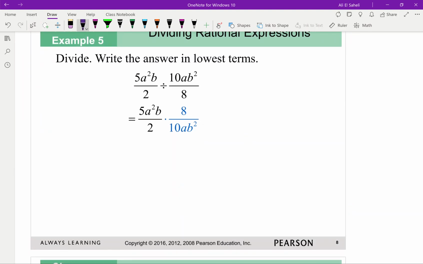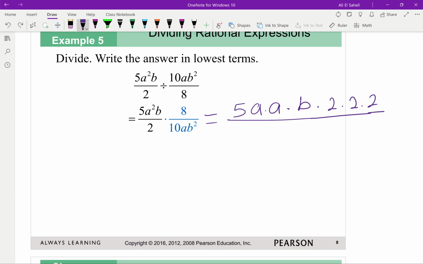Okay, dividing by this, we flip it, becomes 8 over 10 ab squared. So this is equal to 5 is prime, a times a is a squared, b is b, and 8 is 2 times 2 times 2.